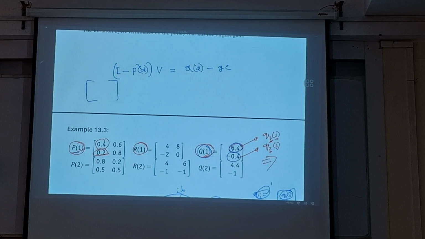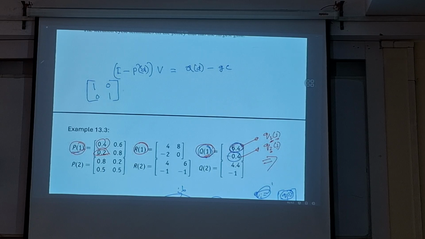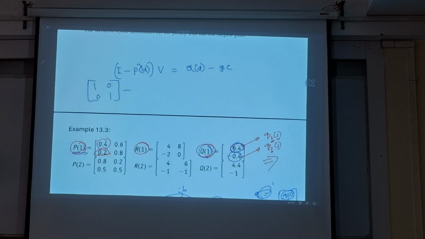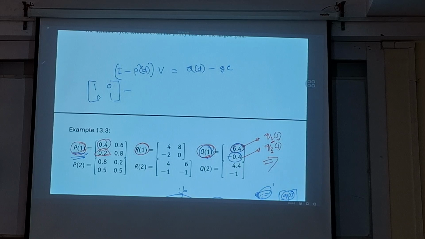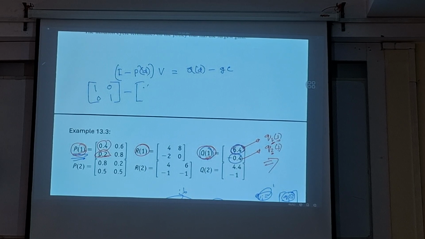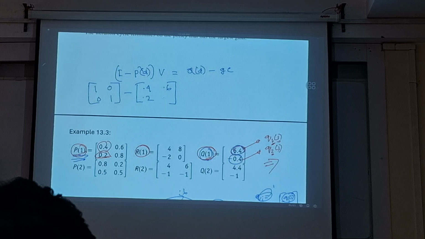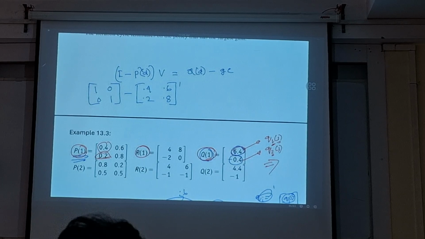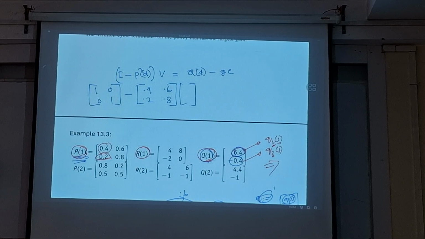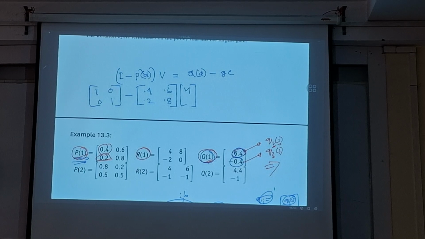What will be the dimension of the identity matrix? 1 by 2 by 0. What is the P vector? Since we are assuming policy 1, then it will be 0.4, 0.6, 0.2, 0.8 multiplied by P1.